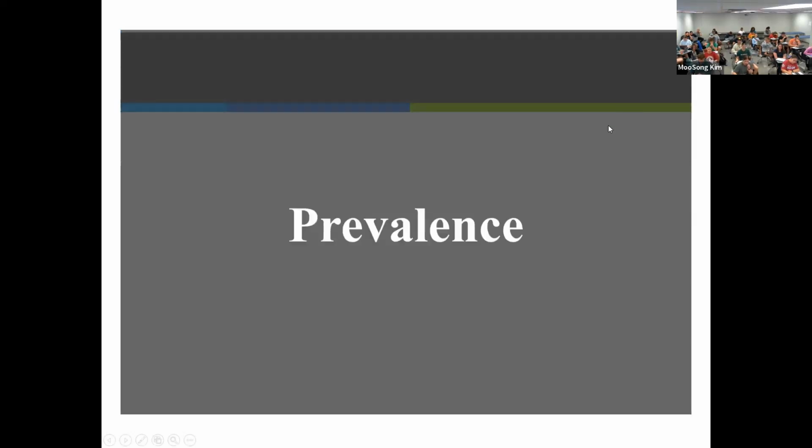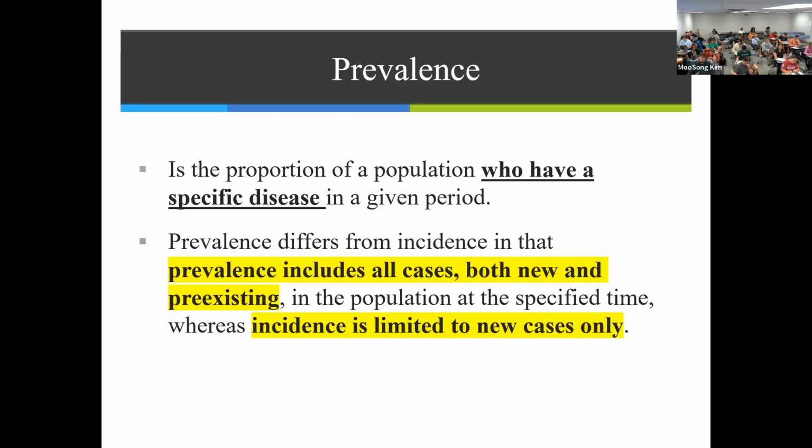Then let's move on to prevalence. Prevalence is the proportion of the population who have a specific disease in a given period.